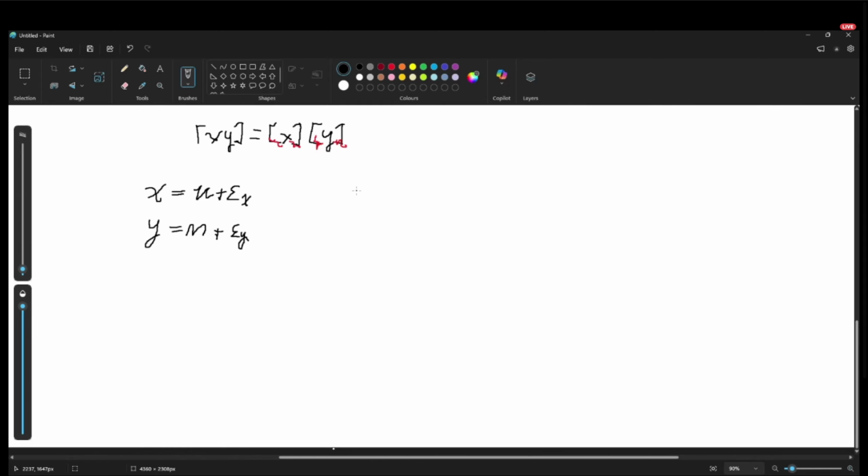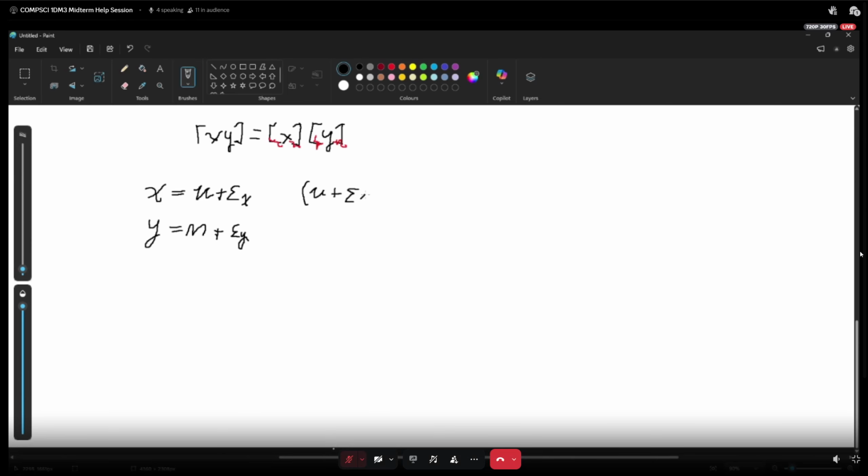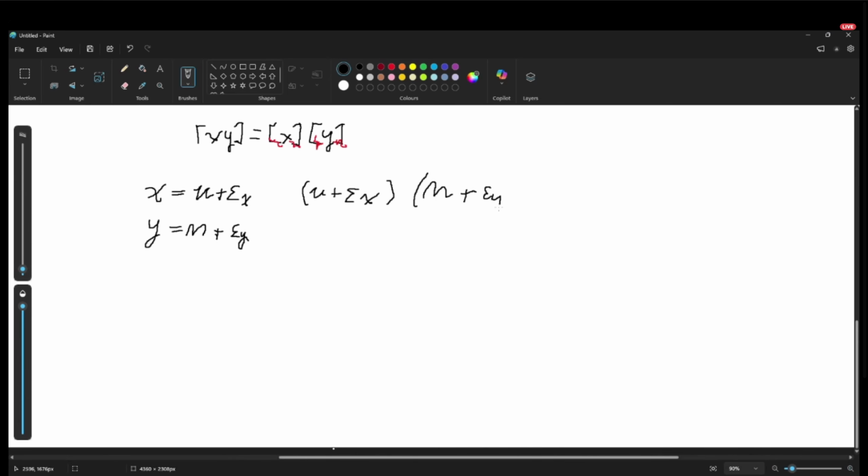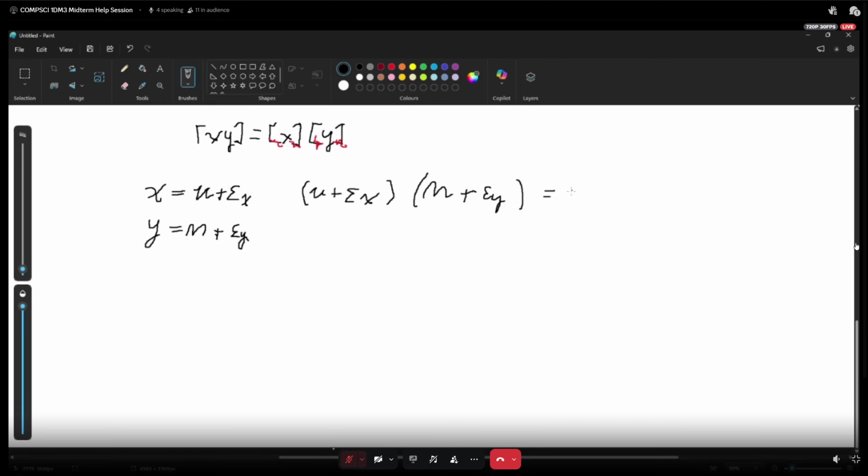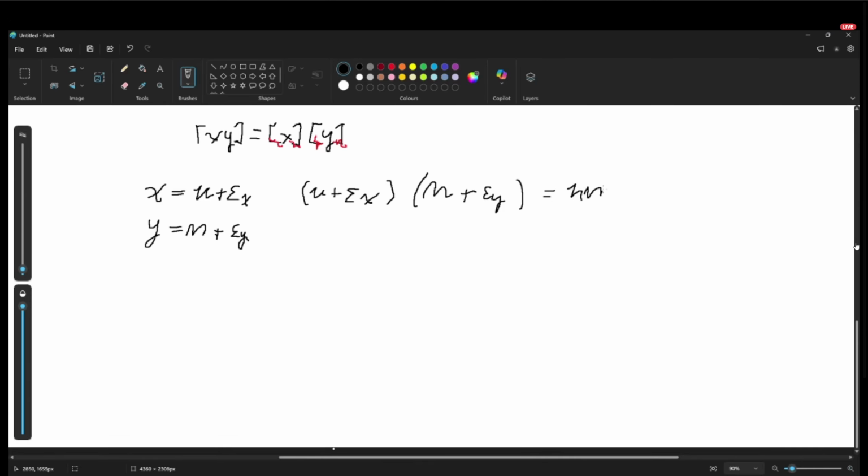Okay, so now if we multiply this out, what we're going to get here is n plus epsilon x times m plus epsilon y. And that's the same thing as saying nm, right? So this part's fine.